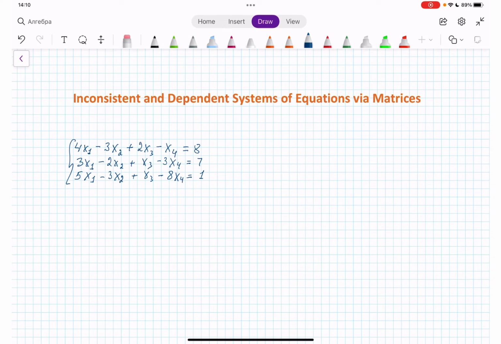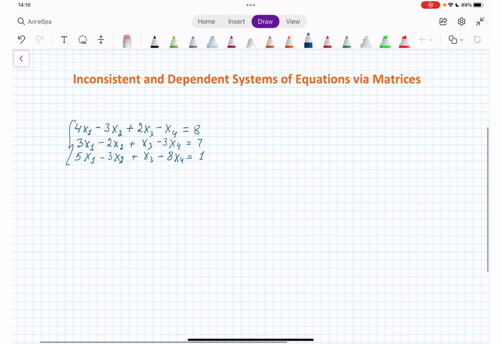In my previous video, I mentioned that when the number of equations is less than the number of variables, we can immediately say that the system can be inconsistent. But here I will add that not only inconsistent, it can also have infinitely many solutions. Which one it is, we are going to find out.